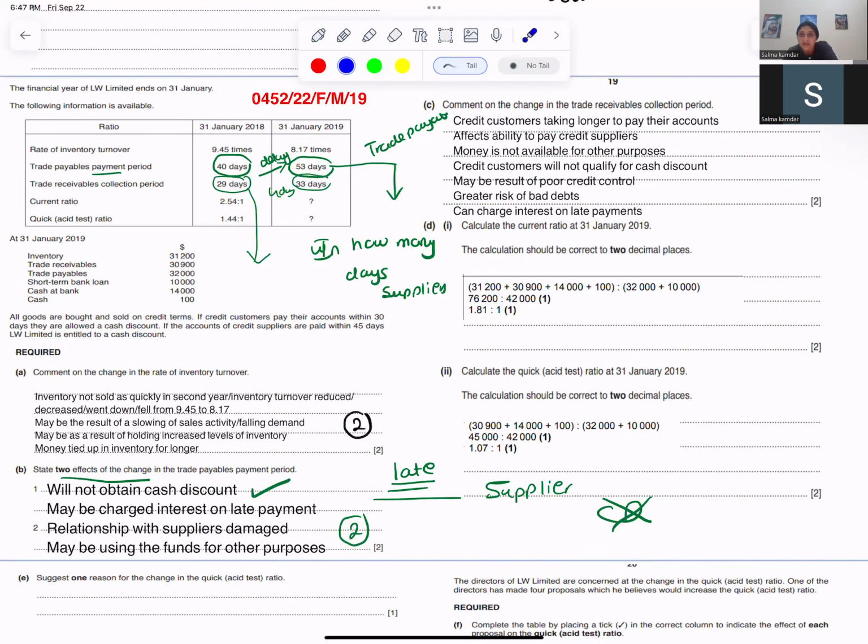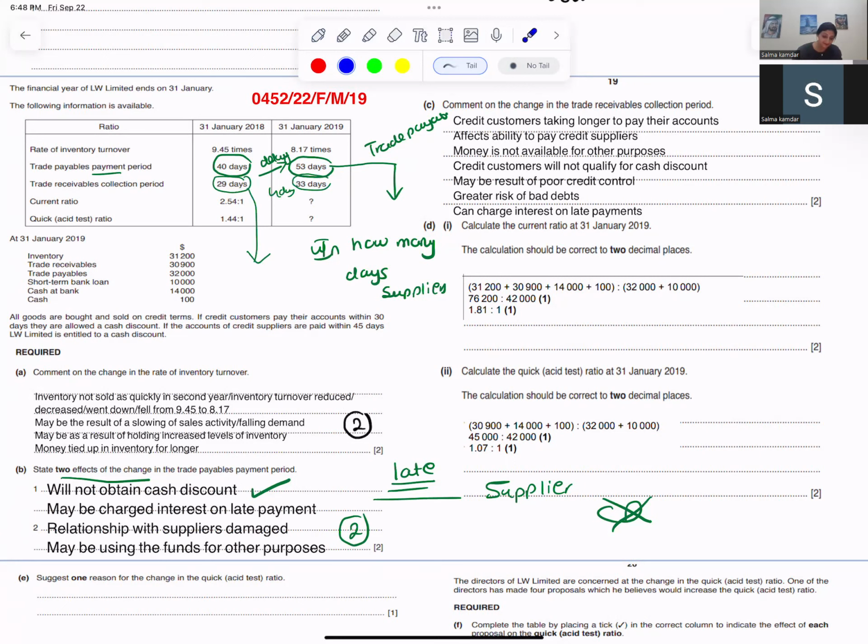So the change represents that my credit customers are not paying me money on time, and there may be chances of bad debts, or maybe my credit control is very poor so that they are paying me late. If my customers pay me late, it means that I will not have cash flow in hand and money is not available for further payments.